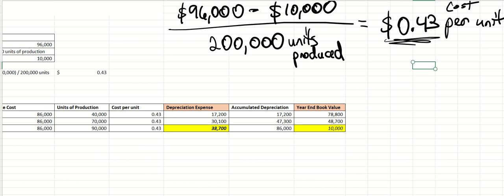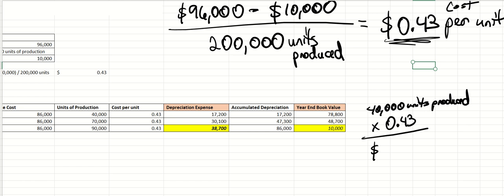And so the depreciation expense is going to be $17,200. So how do we get that? We take the 40,000 units produced and multiply by 0.43.